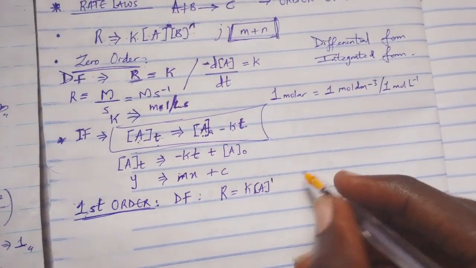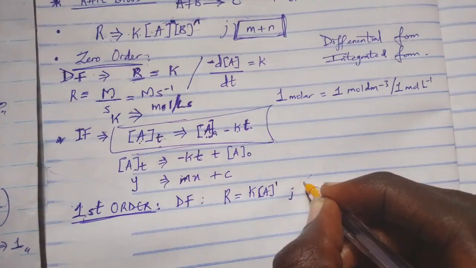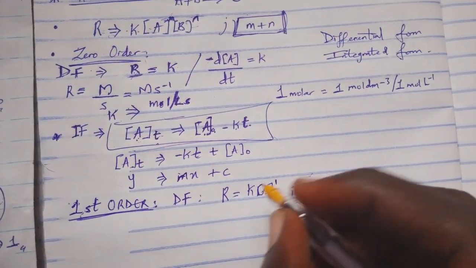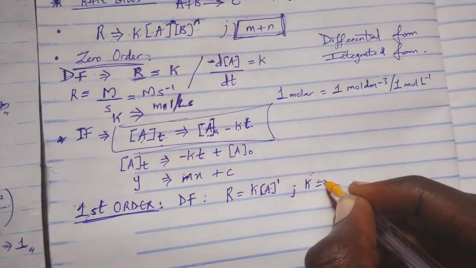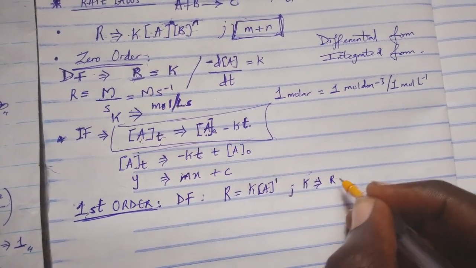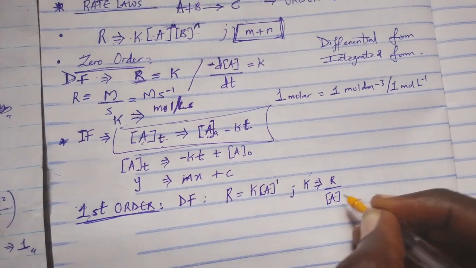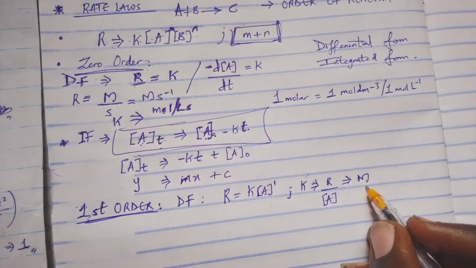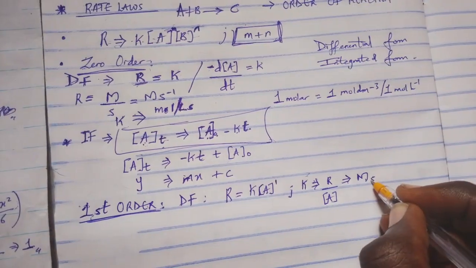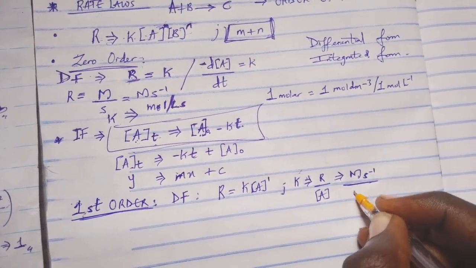Now let us get the unit for this K. It's very important, because they might ask what's the unit for the K constant. So we already know that this here is the rate, that will be R. If you make K the subject, that will be R over the concentration of the reactant. Now this is molar per second, and we know that concentration is simply molar.